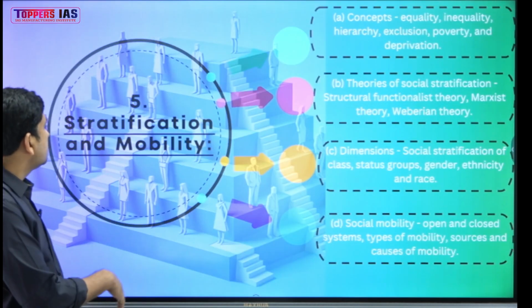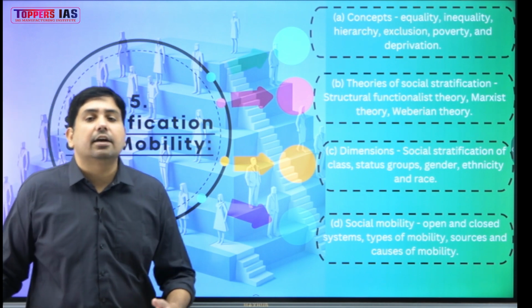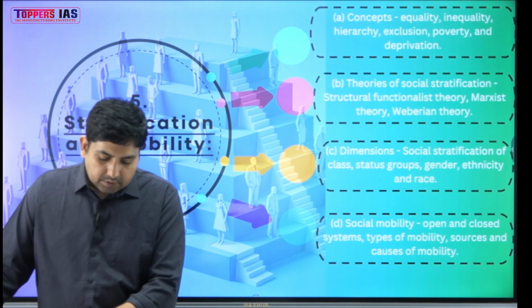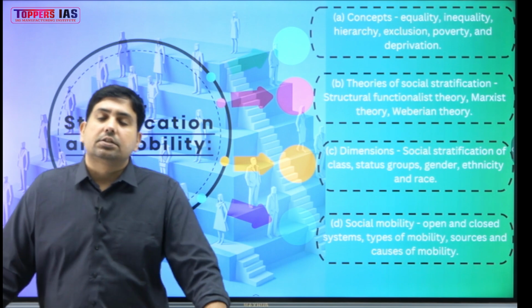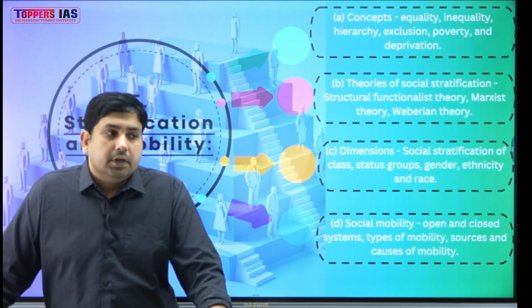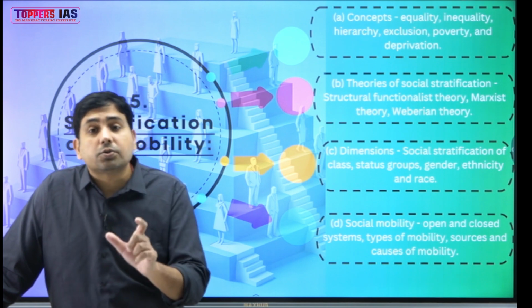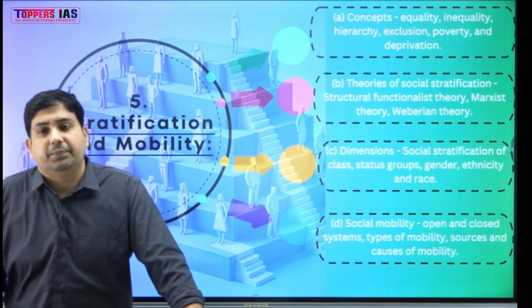Now come to the next unit, that is the 5th, stratification and mobility. Now this chapter examines how societies are divided into layers.